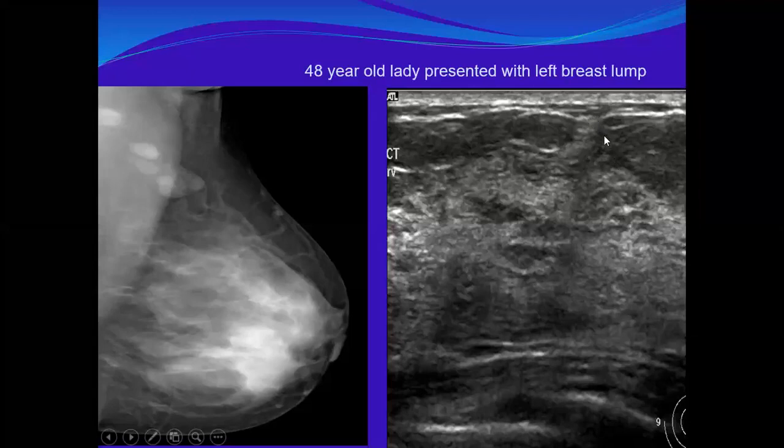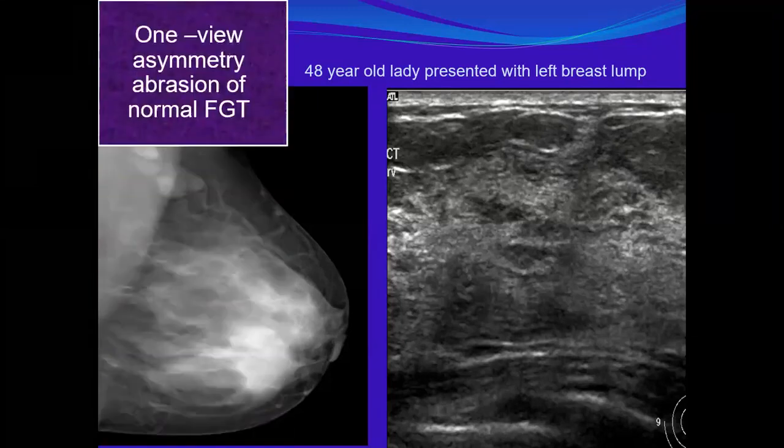Yes, so the parenchyma is tenting here, tethered to the superficial layer of the superficial fascia, and pulling it. You see some pulling, some architectural distortion as you mentioned, and this is due to a fibrous ridge. It was stable in appearance, and that was a benign finding. That's just abrasion of normal fibroglandular tissue.